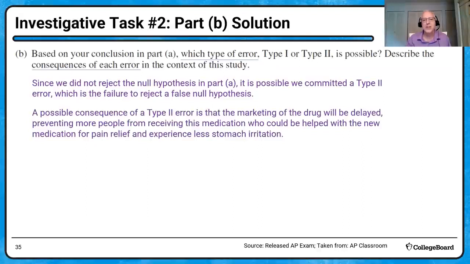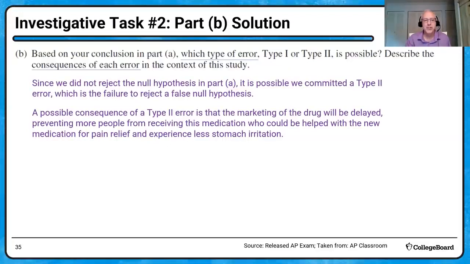It would be that the marketing of this drug is going to be delayed because you don't really believe it reduces stomach irritation. And that is preventing more people from receiving this medication who could be helped with this new medication for pain relief and in fact experience less stomach irritation. But because the study didn't give convincing evidence of that, if it were the case that the new drug was less harmful on the stomach, we wouldn't know that at this point.